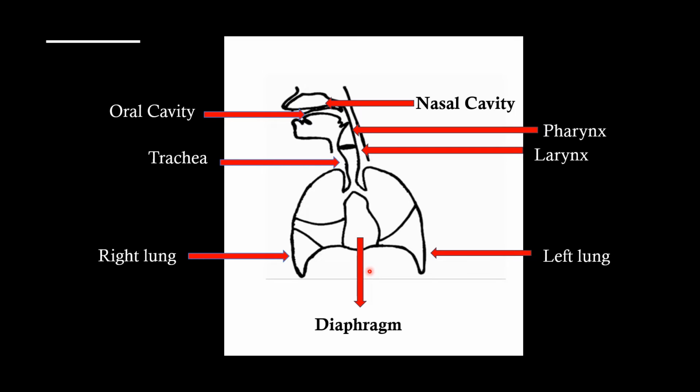The direction of the airstream could be egressive, that is when the air comes out of the mouth, and can be ingressive, that is when the air flows into the mouth. Here also we have the trachea, which conducts the air right to the larynx.